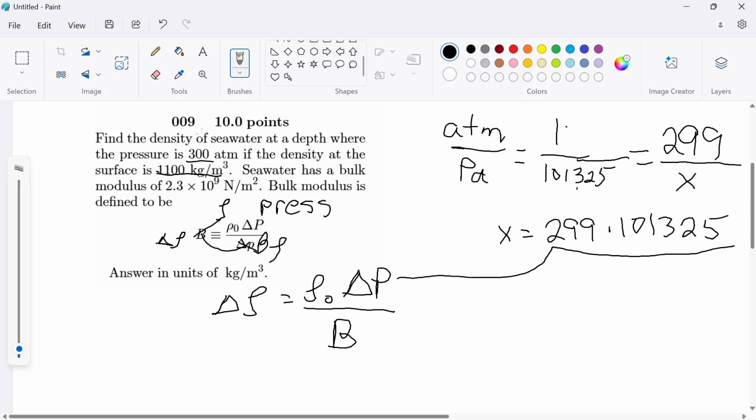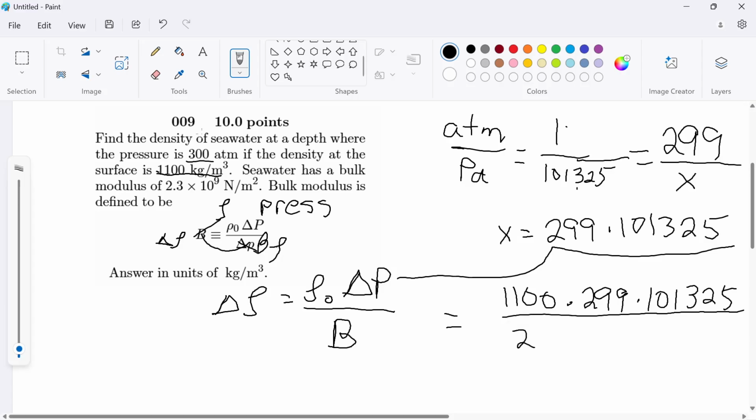So all I have to do is get the initial density, which is 1,100, times the change in pressure, which is that number. I'm just going to keep building it in Desmos, and then divide it by the bulk modulus, which is 2.3 times 10 to the 9th.